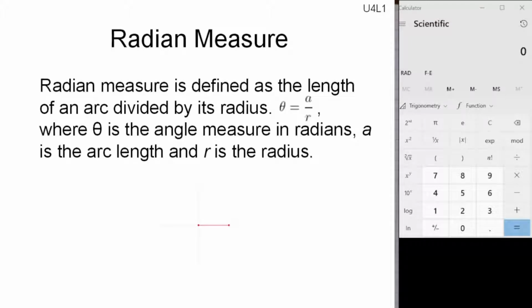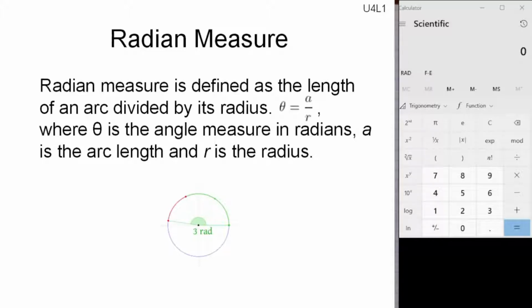You can see the image here is drawing a circle at the bottom of the screen with that red line. That red line is the radius. Then we form an arc that has the same length as the radius on the circle. If we do that, then the angle is equal to the arc length, which is the radius, divided by the radius.